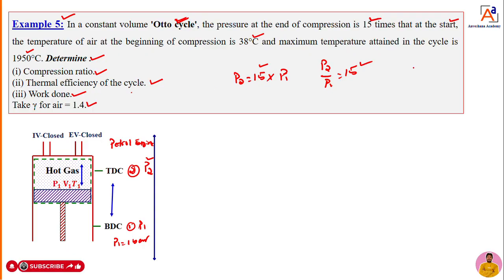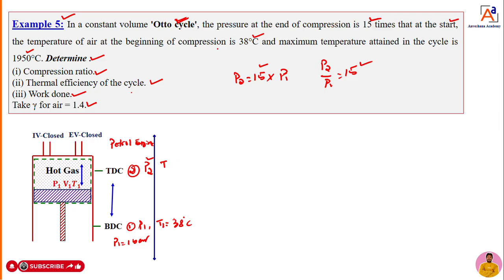So like this we have to note down one thing. Initially the temperature at BDC of the air is 38 degrees Celsius. When it is compressed and then we add heat to the air fuel mixture, the temperature is going to change, reaching the maximum temperature.